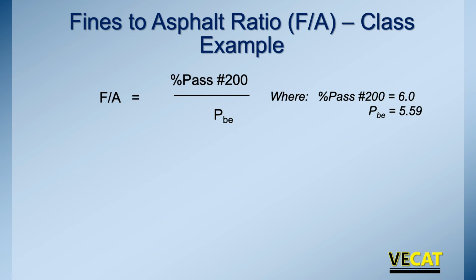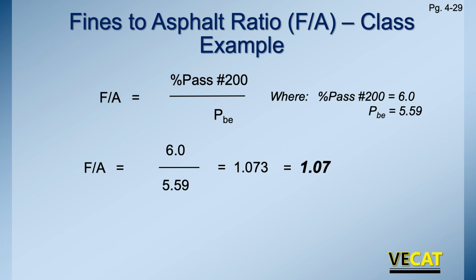So if we plug our numbers in, we look at our aggregate gradation from our testing. We determined that our percent 200, or our percent dust in the mix, is 6% dust. Our percent binder effective, we just calculated that to be 5.59 by using those two values in our formula. 6.0 divided by 5.59 brings us to a 1.073, or a 1.07 as our fines to asphalt ratio.